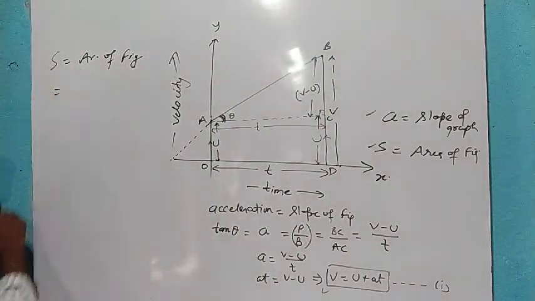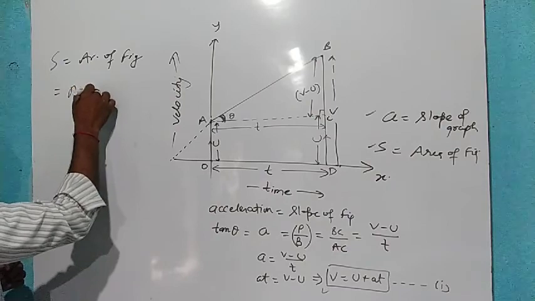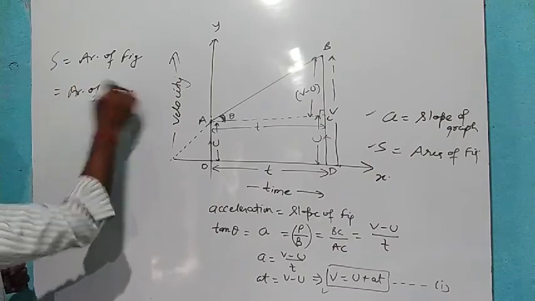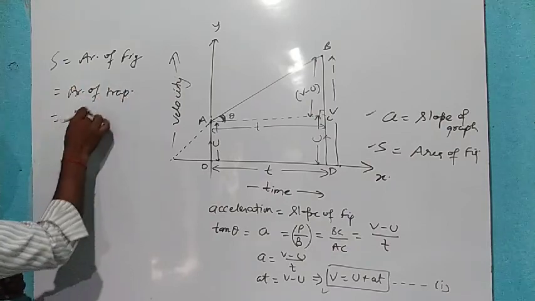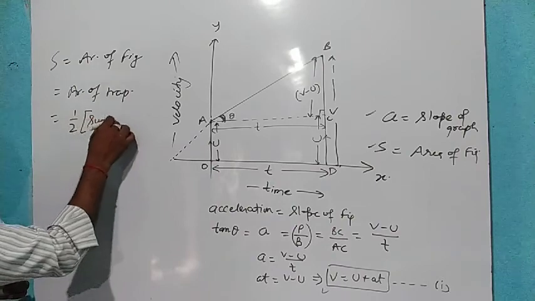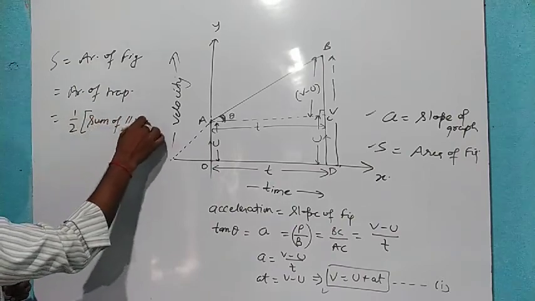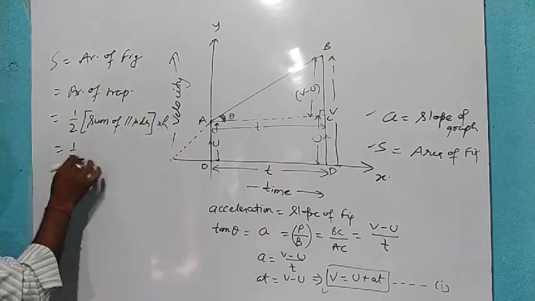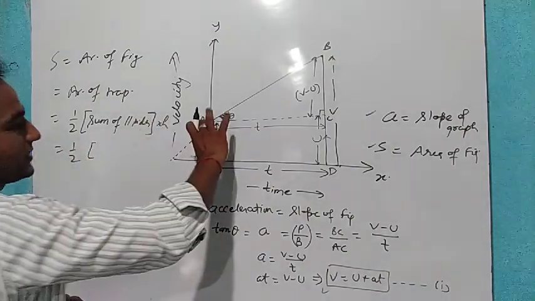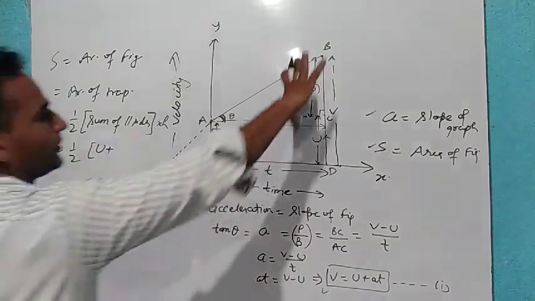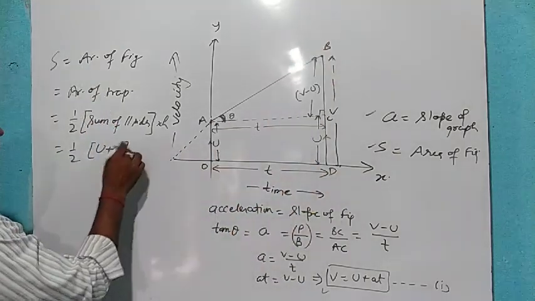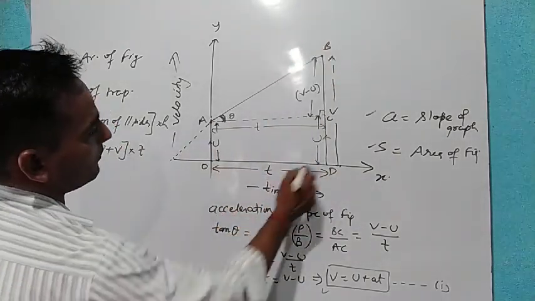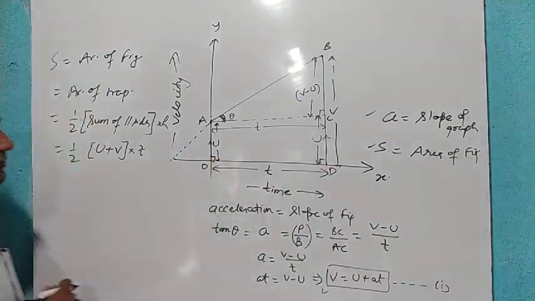So area of figure means area of trapezium. And area of trapezium is 1 upon 2 sum of parallel sides into height. Parallel sides are this u, this whole v, into height t. Perpendicular distance is always called height.